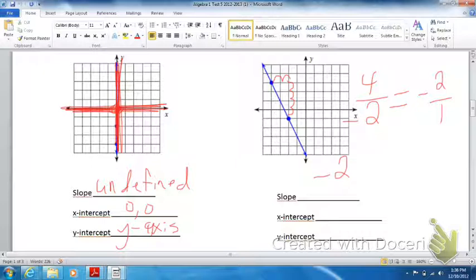The x-intercept, where does it cross the x-axis? Here's the x-axis. It crosses about right there, negative 1, negative 2, about negative 2.5, comma 0. Where does it cross the y? Right there. 0, -5.